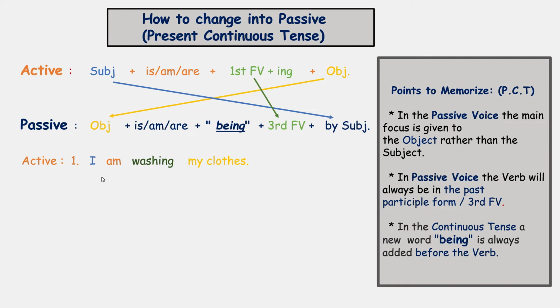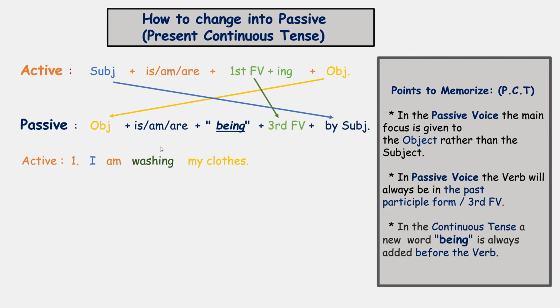Subject plus is, am, are plus first form of the verb plus ing plus the object. Now what happens here, the object will go in front, and depending on the object we will use is, am or are. My clothes, is this in the singular or the plural form? It's in the plural form, so we will choose are.